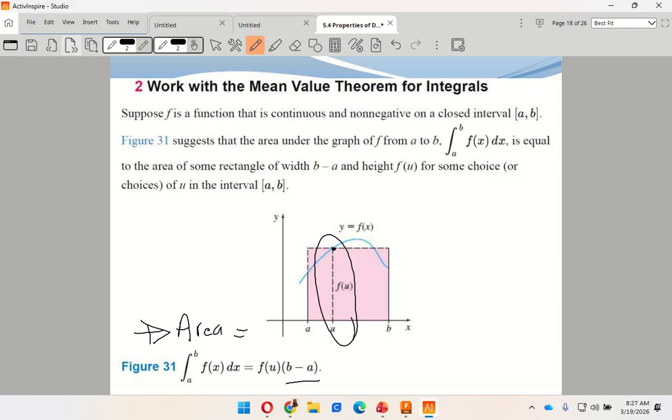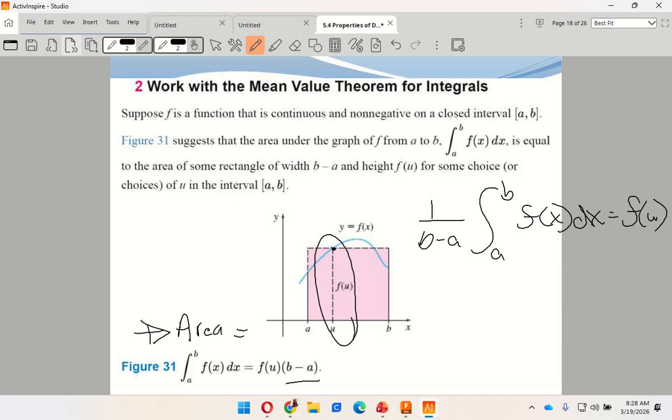Okay, so I'm going to do a little finagling with this. So if these two are equal, wouldn't that be the same as saying, if I divide both sides by b minus a, wouldn't that just be 1 over b minus a, integration from a to b of f of x dx is equal to f of u?